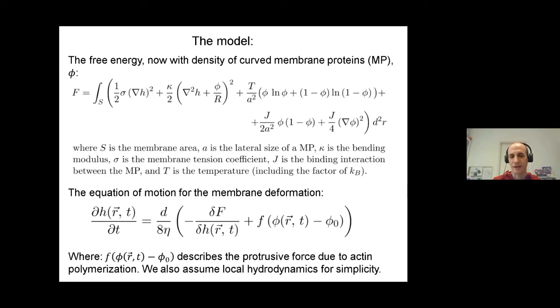And F is a parameter which tells you how strong is the active pushing force per given density of these proteins, and we remove the basal uniform density just to keep this system from flying off, so that at the uniform state, it is not moving anywhere. There is sort of a balance of all the active forces.